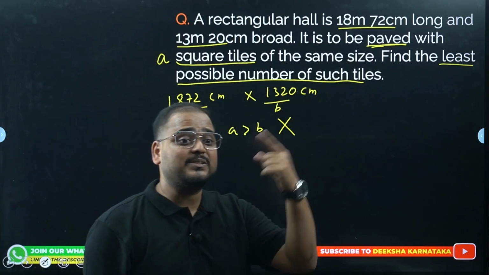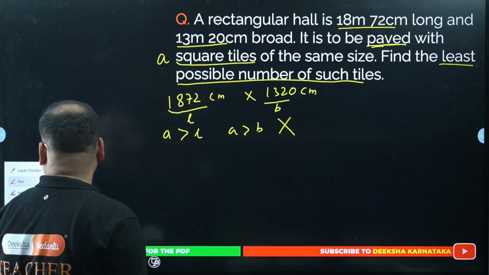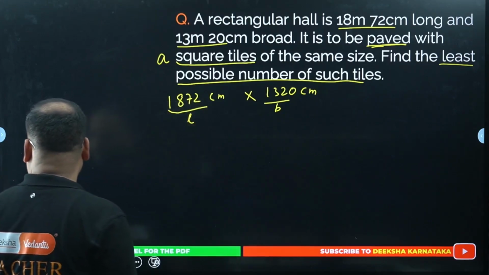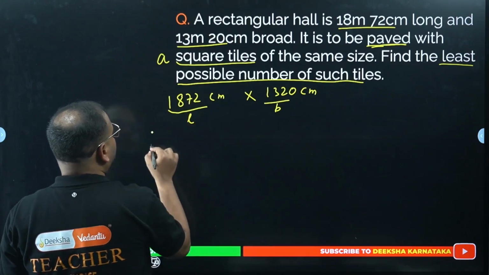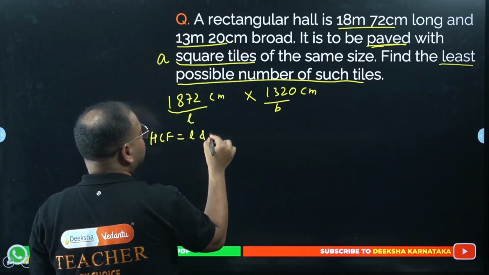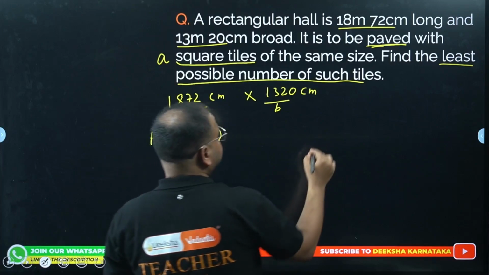What do we do when we have to find a smaller number? Recall HCF. So we find the HCF of the sides of the rectangular hall. If I do HCF of L and B, I have to use what? Prime factorization. Let's do it.